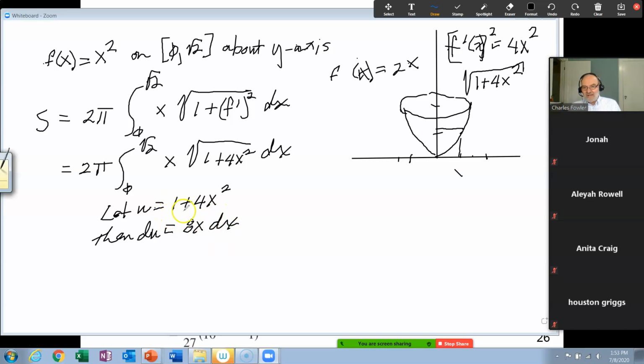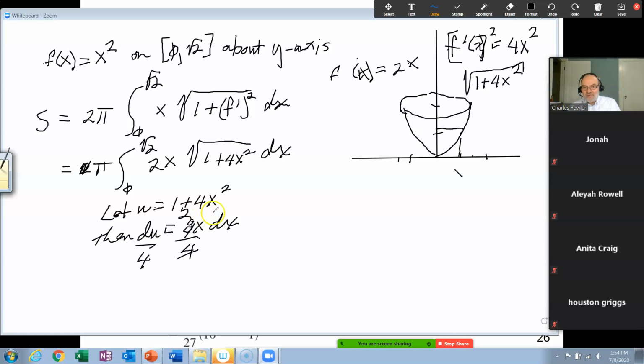Well, we don't have an 8x dx. We have at best a 2x dx. So what I'm going to do is lose the 2 from here and move it in here. Okay, so we'll divide everything by 4. So this will be a 2x dx here, like it's what we actually have.